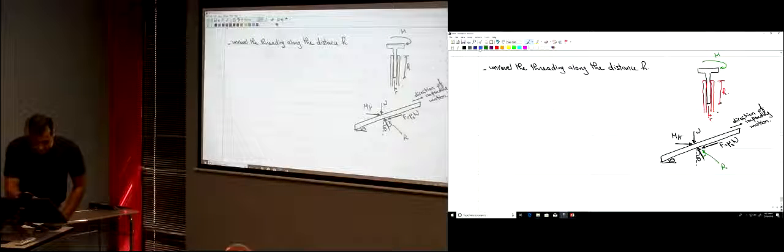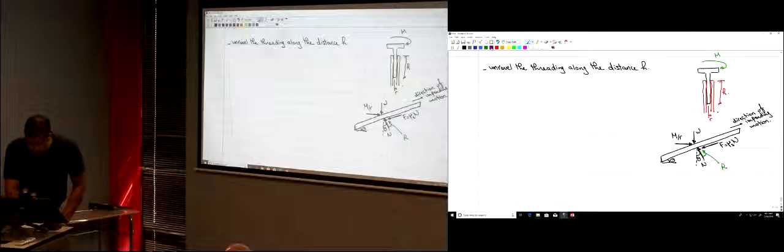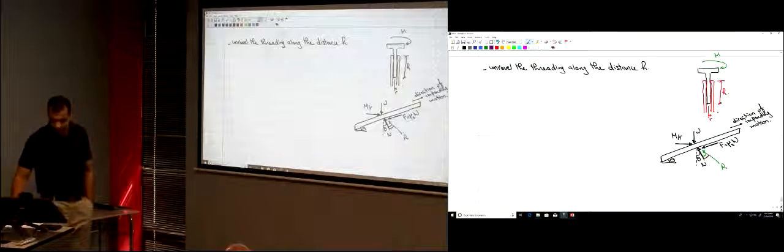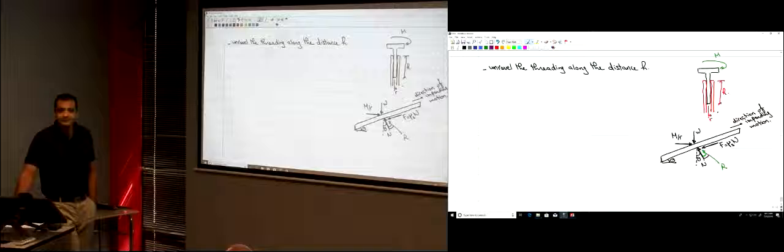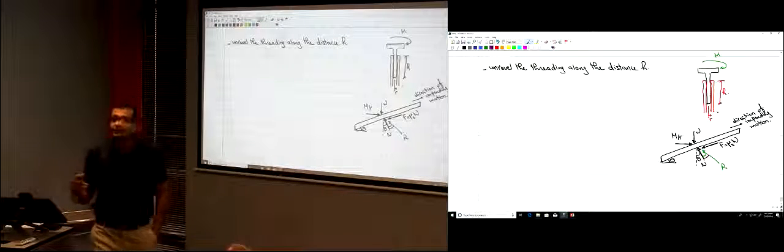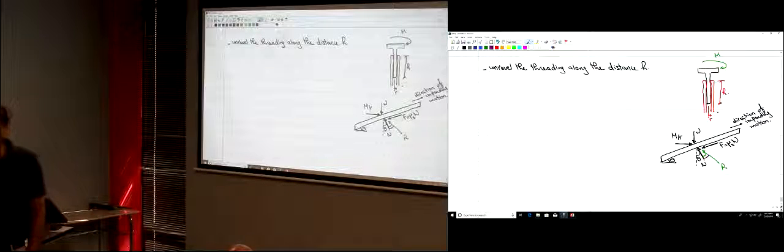This angle here? Arctangent of mu S N divided by N. So this angle is phi s.